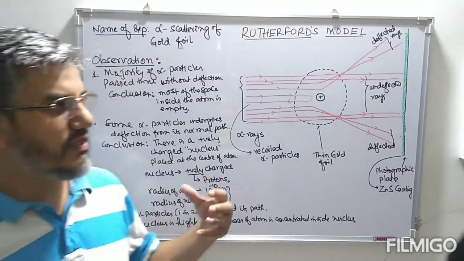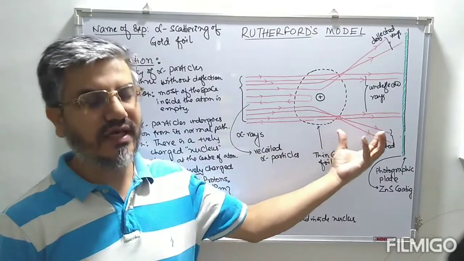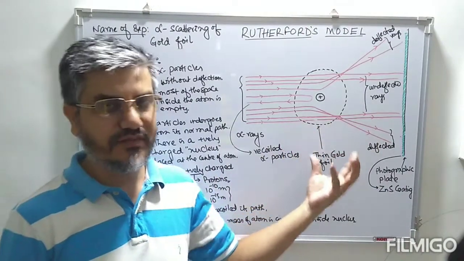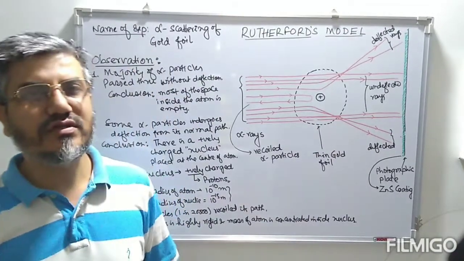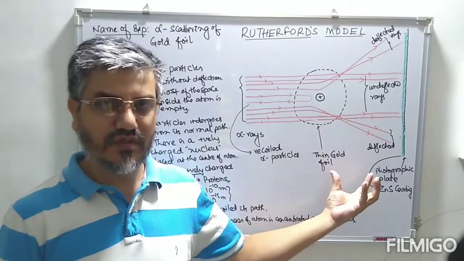So obviously the magnitude of the gravitational force and the Coulombic force will differ. These are some of the differences between the solar system and the Rutherford model.